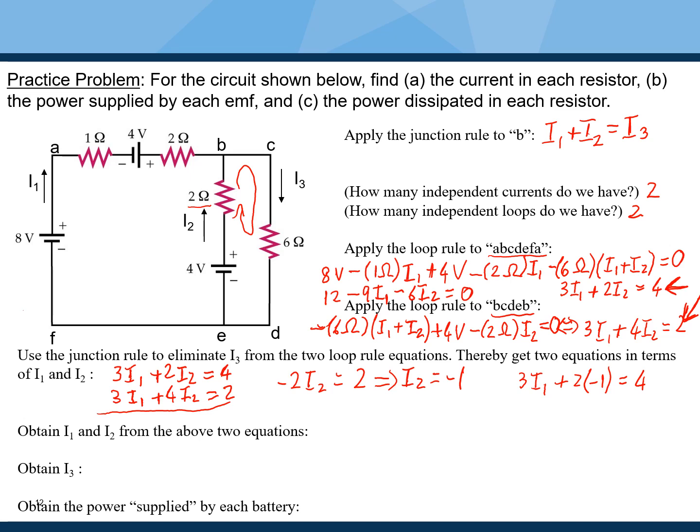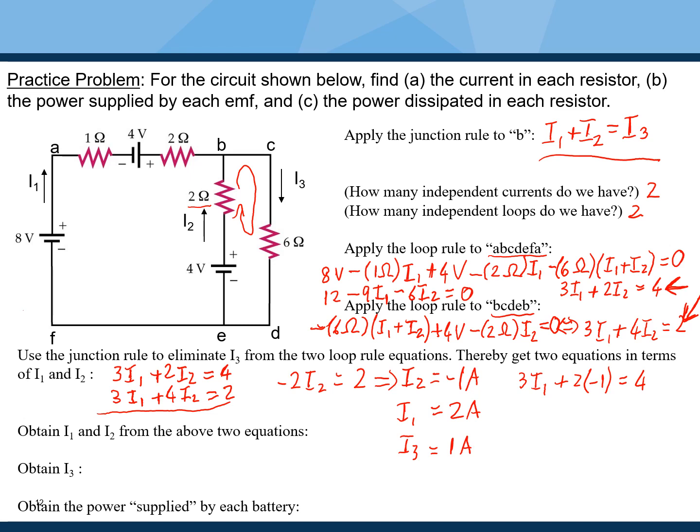So we got I2 is equal to minus 1 ampere, and I1 is equal to 2 amperes. And this tells me that I3 is equal to I1 plus I2. That's just this expression out here. So I3 is equal to 2 minus 1, which is 1 ampere.